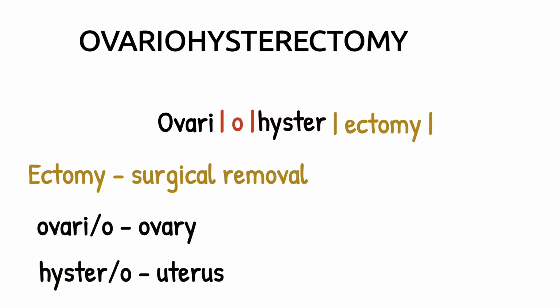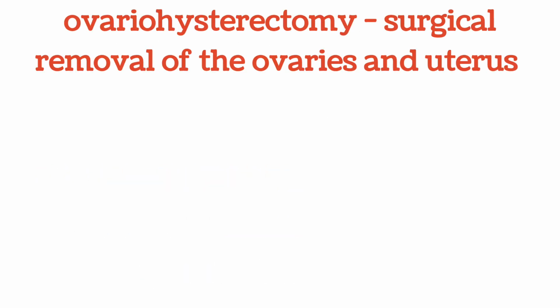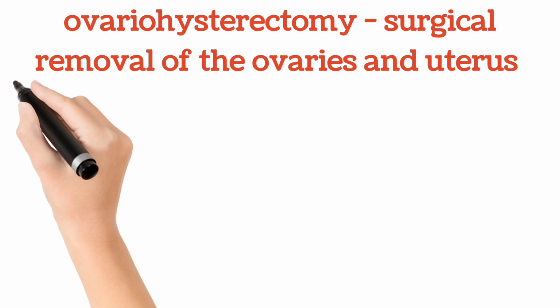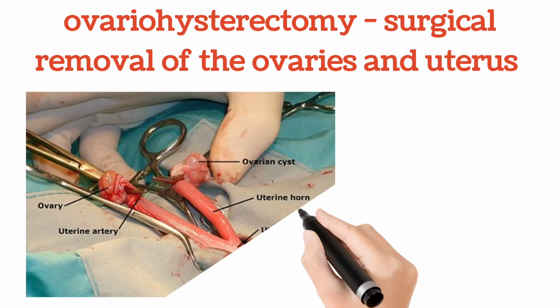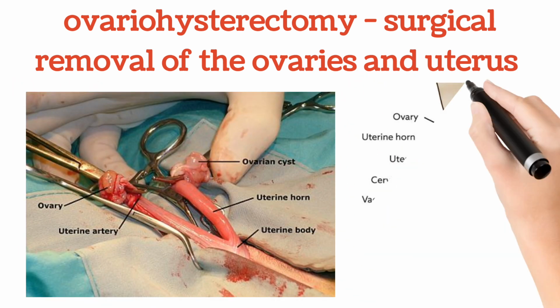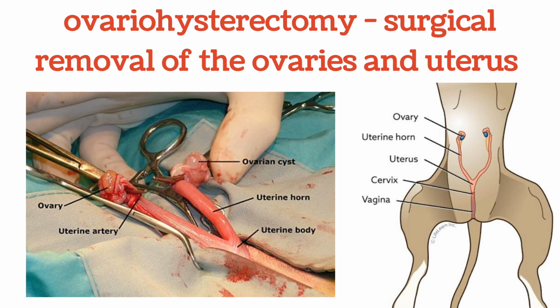So now, having known this, let's define the word ovariohysterectomy. This means the surgical removal of the ovaries and uterus.